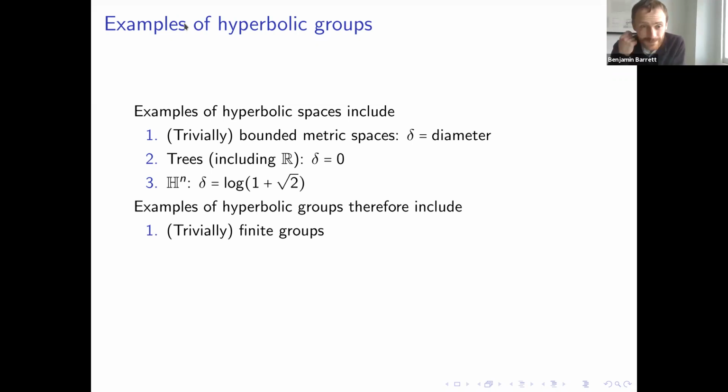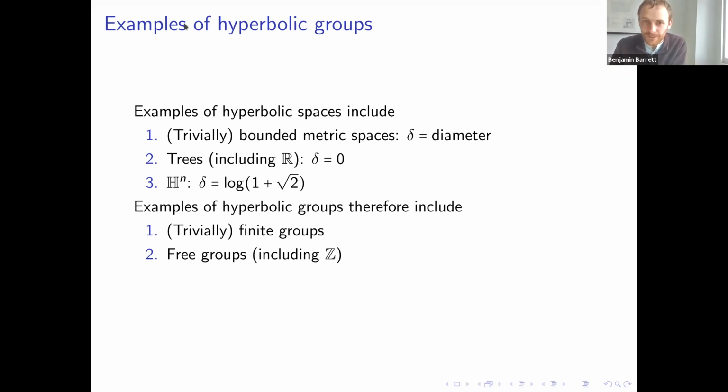Following on from that, we get some examples of hyperbolic groups. Finite groups act geometrically on bounded metric spaces, so finite groups are hyperbolic, but that's not very interesting. Free groups act geometrically on trees, so free groups are hyperbolic because trees are hyperbolic, and as a special case, Z is a free group with one generator.